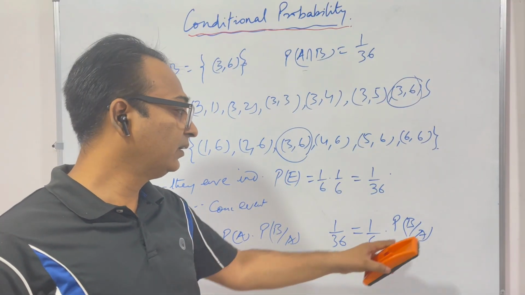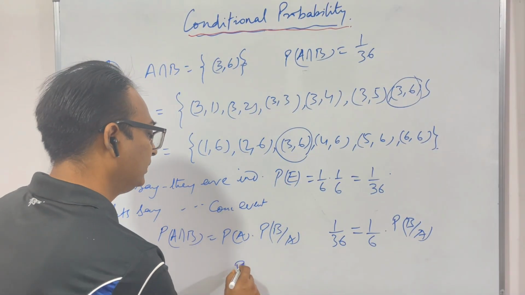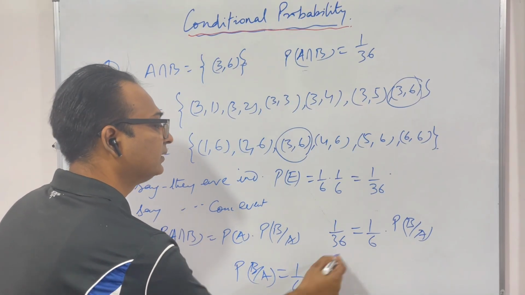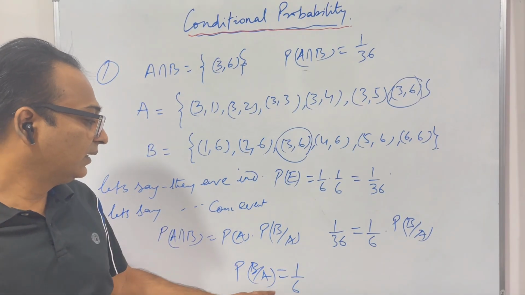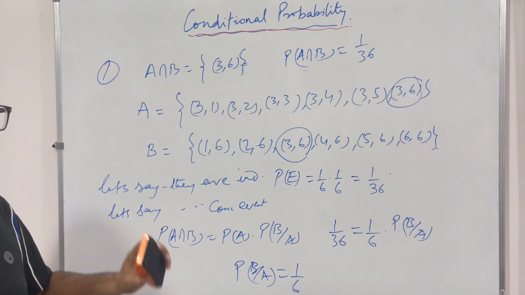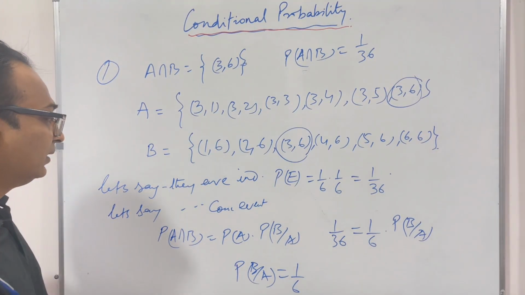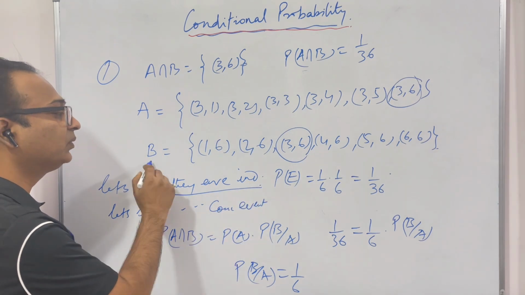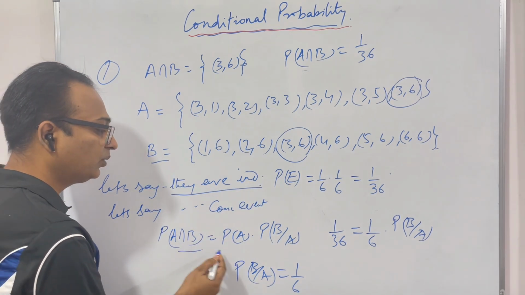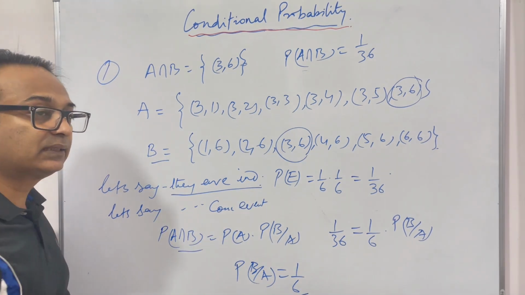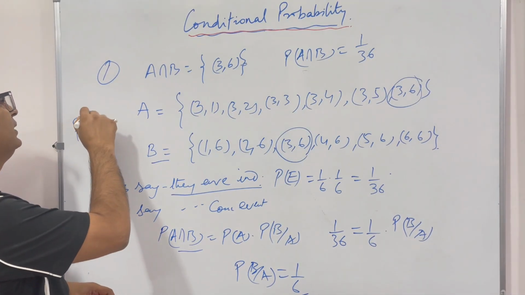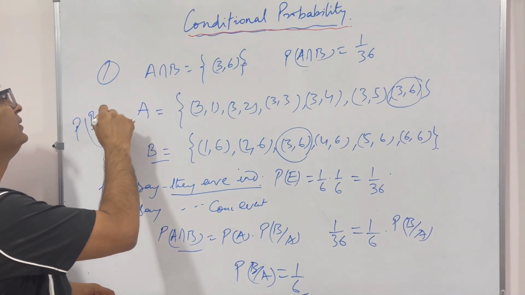So P(B/A) is equal to, now 1 by 6, 6, 6 cancels. But we have P(B) equal to 1 by 6, if they were independent events. So here also we are getting 1 by 6. Therefore, from here we see that P(B/A) is equal to P(B).